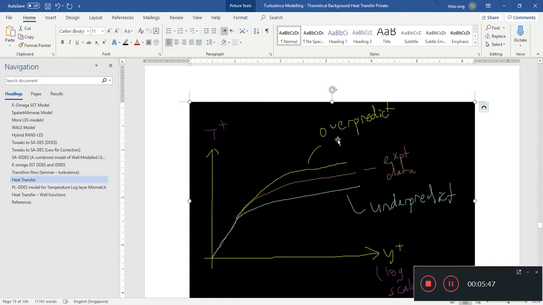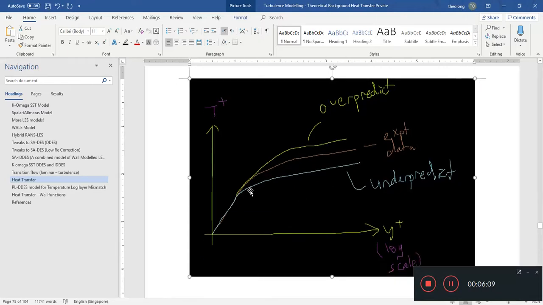Then you have some sort of over prediction. Sometimes you have models, the Reynolds-averaged Navier-Stokes RANS models, which over predict. They have the same gradient, but the intercept is different. So you shift the log region curve up and down. This is on a log scale of y plus, and that's how we have this log layer mismatch that often happens for RANS models.